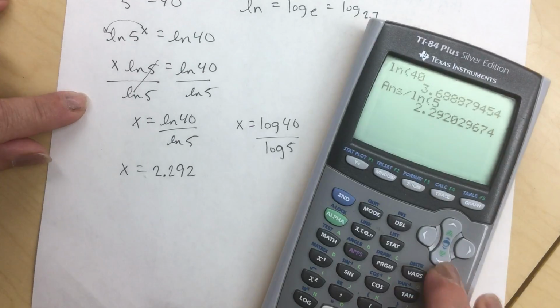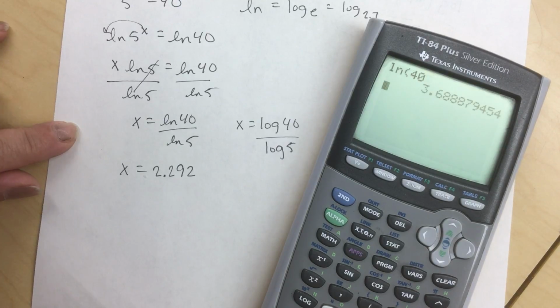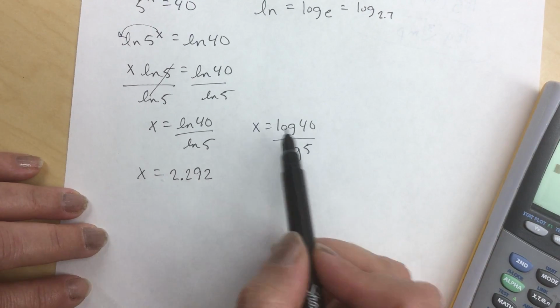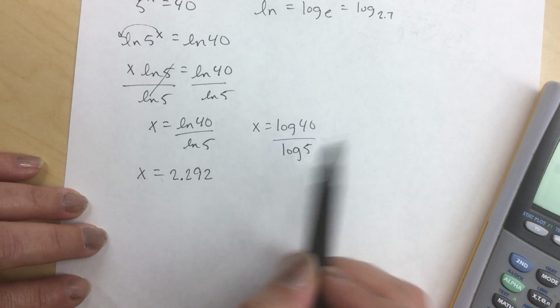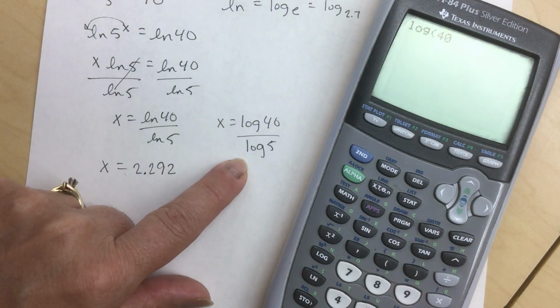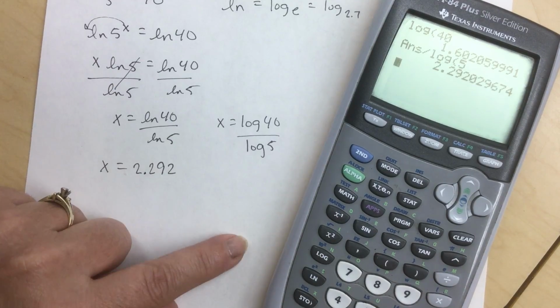Now the log of 40 and the ln of 40 are two different things. Okay, if you punch it on your calculator, the ln of 40 is that, and the log of 40 is that number. They're different. But when you divide ln of 40 by ln 5 and log of 40 by log 5, you get the same decimal. So if you type in log of 40, hit equals, divided by the log of 5, you get the same thing.